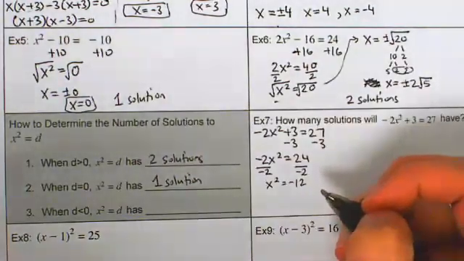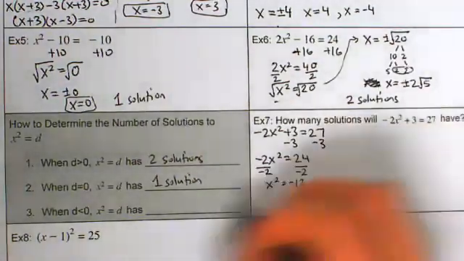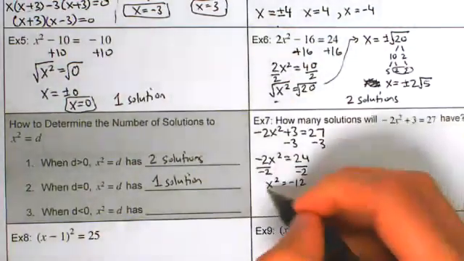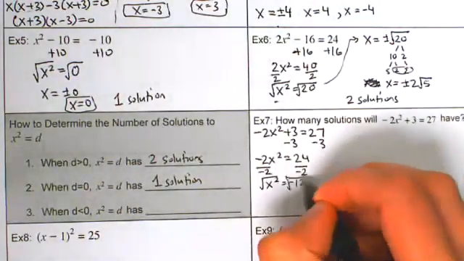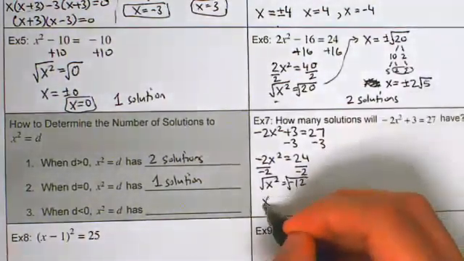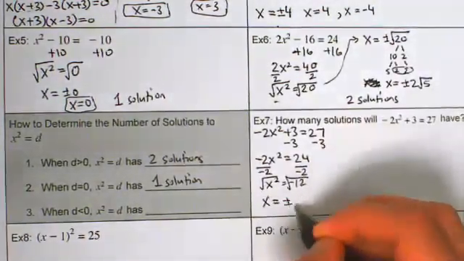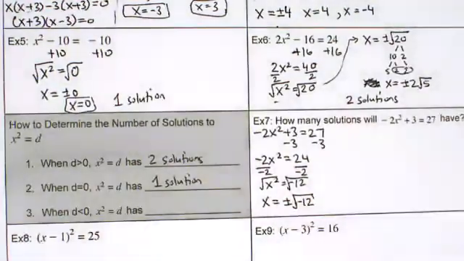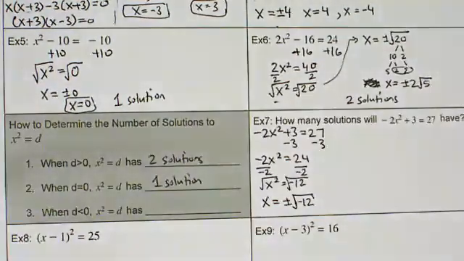You might be saying, well, this looks pretty much the same, although we are currently sitting at an instance where d is less than 0. So let's take the square root of both sides and see what happens. So we have x equals plus or minus the square root of negative 12. And at this point, you're stuck, because we can't take the square root of a negative number.